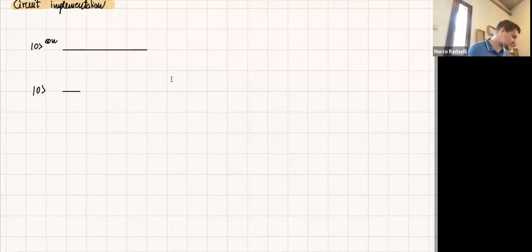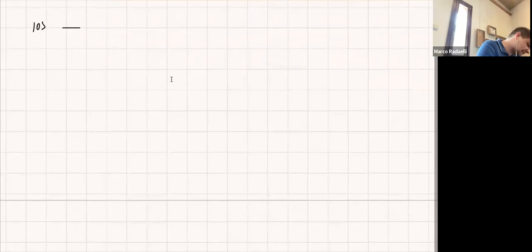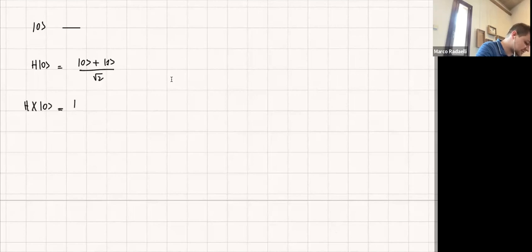A Hadamard operator, yes, but it's not enough. I need a Hadamard operator and the X. If I just do a Hadamard operator on 0, what I get is 0 plus 1 over square root of 2. This is not what I want, but if I first do the not operator, an X, and then a Hadamard, what I get is exactly what I want: 0 minus 1 over square root of 2.